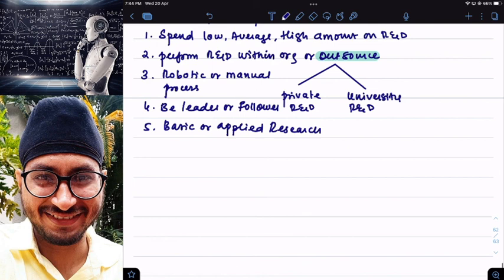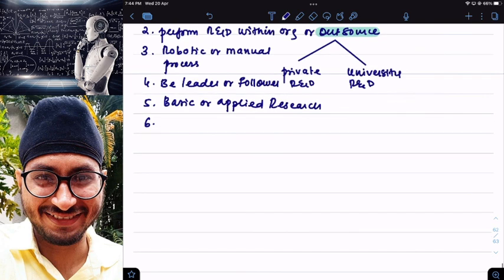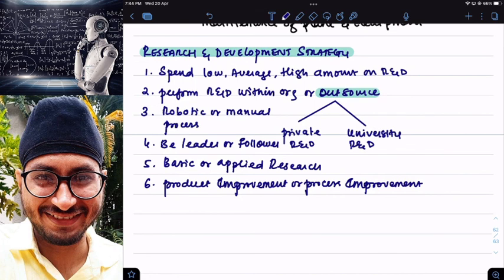Should I go for basic research or applied research? Or should I go for product improvement or process improvement, etc.? These are the points you have to keep in mind. These are simple points, nothing much to explain.